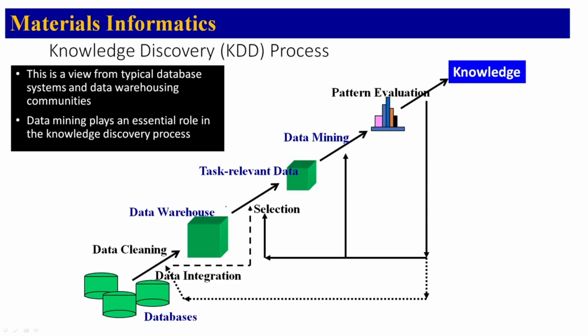So, data warehouses will also have various kinds of data for different subjects, not only material science, but other subjects also. And in material science also you can have different types of data, functional materials, structural materials, different kinds of properties data, processing data. So, you must know which is relevant for your particular problem which you are going to handle. So, this is what is called task relevant data.